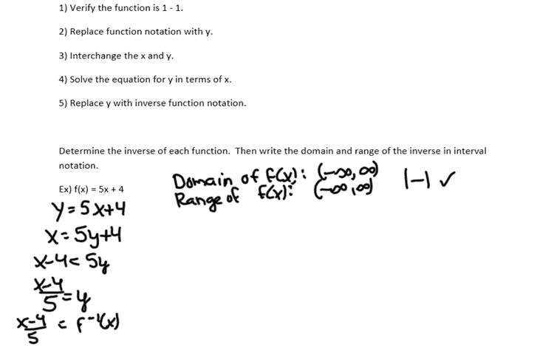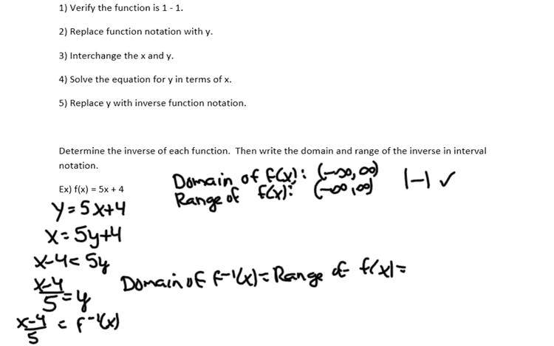Now I want to determine the domain and the range of the inverse. The domain of the inverse should be the same as the range of the original function. There are no range restrictions in the original, so that's negative infinity to positive infinity.